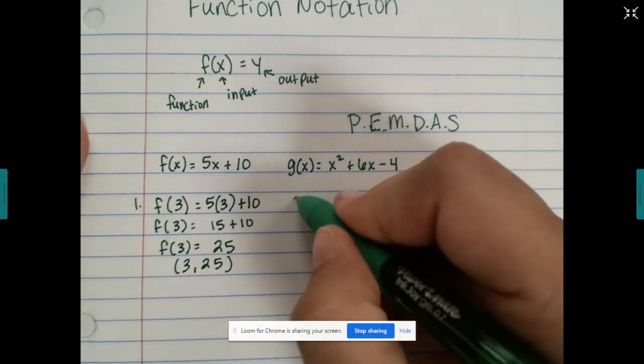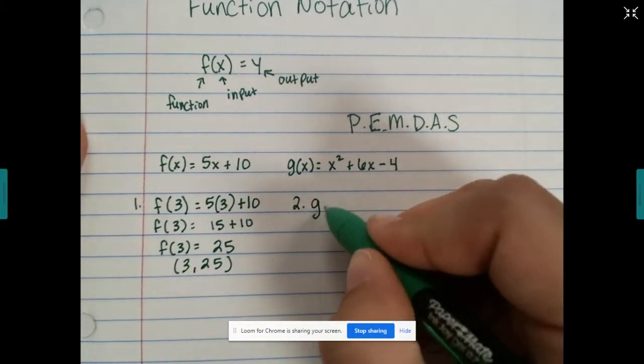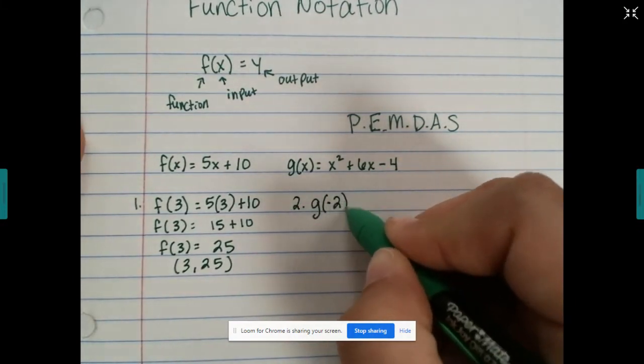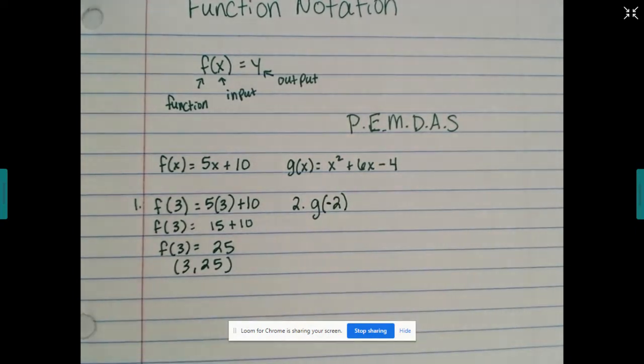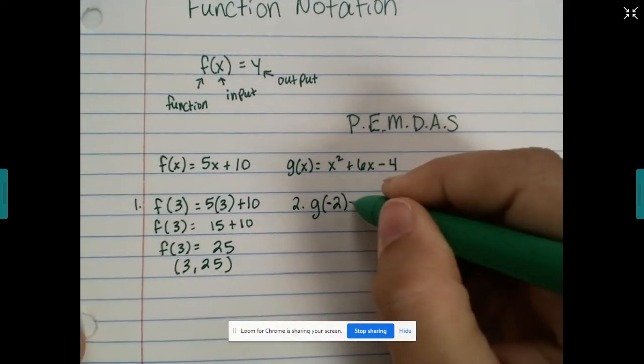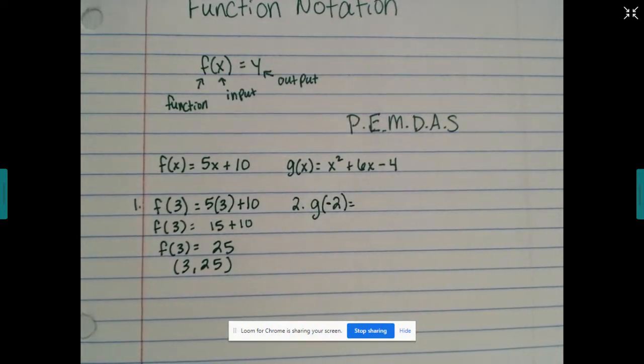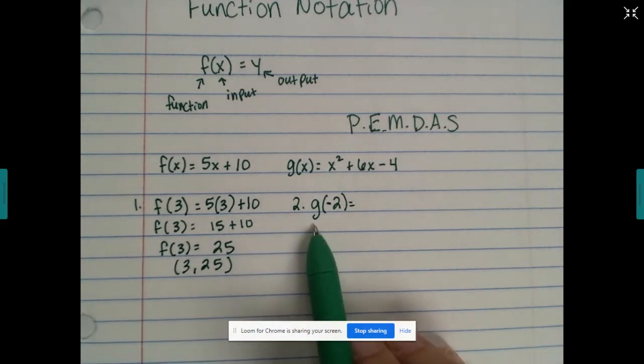Let's look at one with this g. So let's say we wanted to find g of -2. So again, the first thing we want to look at is which function do we want to plug this into, and we're looking at g.